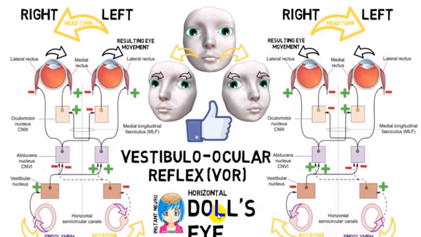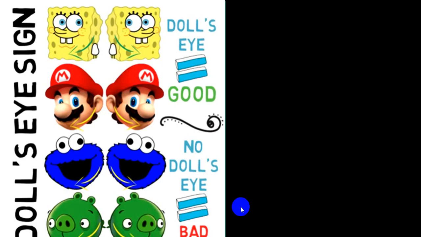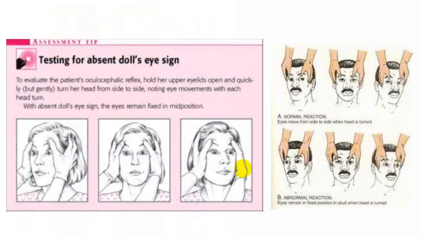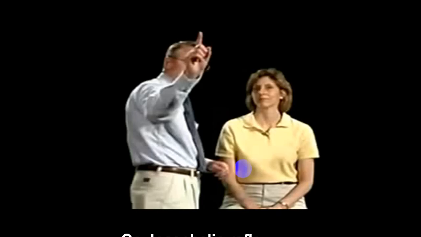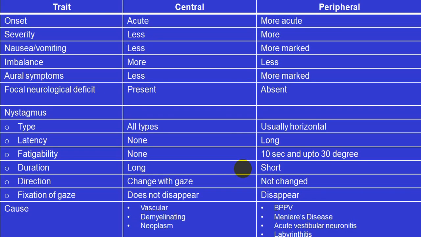So that is the summary. And this is the doll's eye movement. What are the different components? What are the different pathways? So you go with a doll's eye movement or you go with a caloric test. This is oculocephalic reflexes. This is the difference between central and peripheral damage.